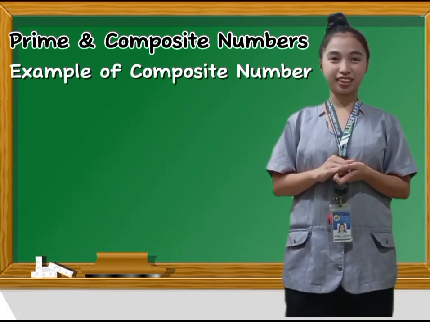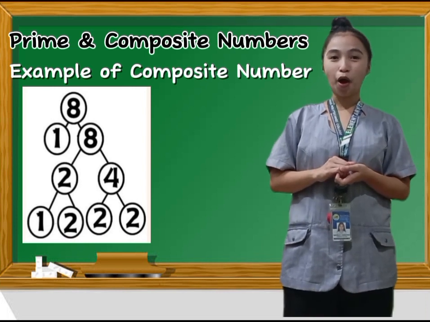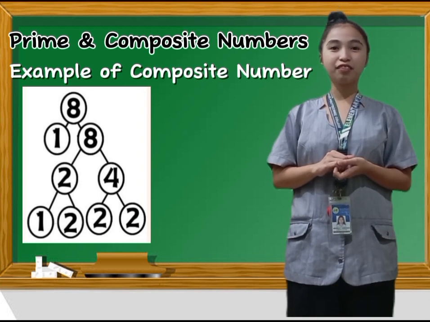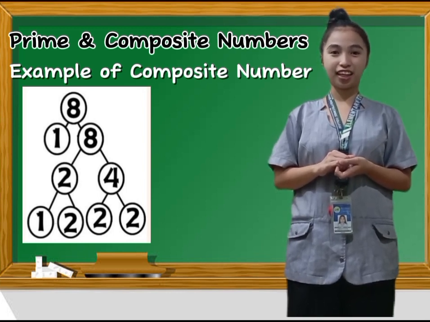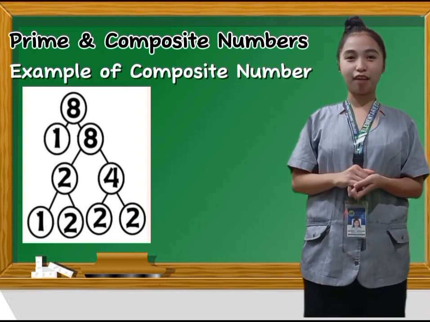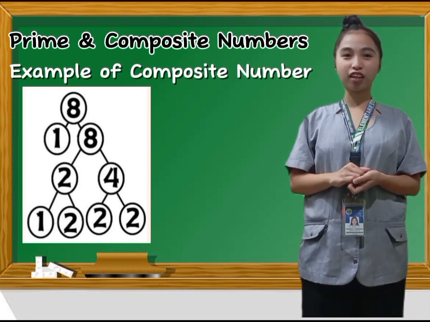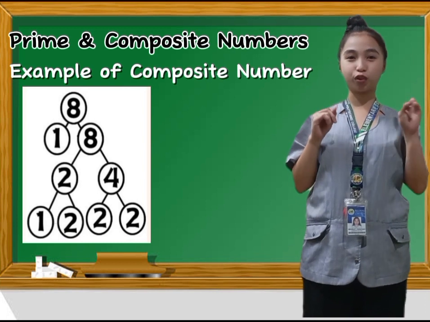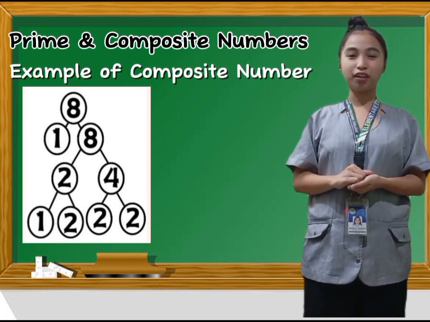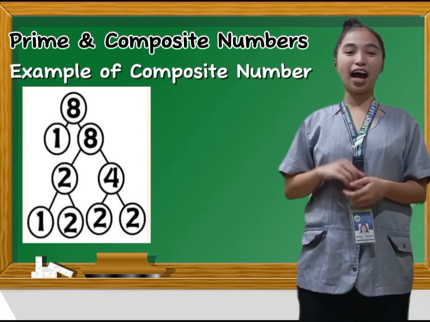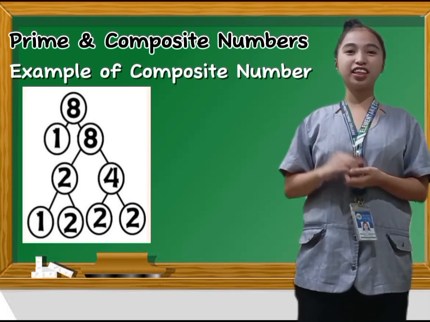Another example is 8. Using factors, we can get the factors of 8. So 1 times 8 is the first set of factors of 8. And 8 is still factorable. So we have 2 times 4. That is another set of factors. As we know, 2 is factorable by 1 and 2 because 1 times 2 is equal to 2, and 4 is still factorable by 2, because when multiplied, 2 and 2, the answer is 4.